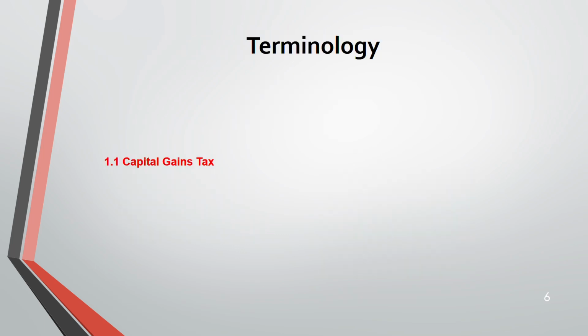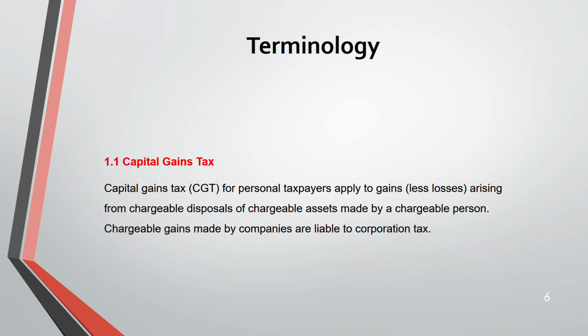Now, capital gain tax. Remember, if there is a loss, you don't have to pay any tax, like income tax. But if there is a gain, see how I'm referring to gain here. When it's income tax, I would be referring to income, taxable income. Here, taxable income is replaced by chargeable gain. Do you see the terminology?